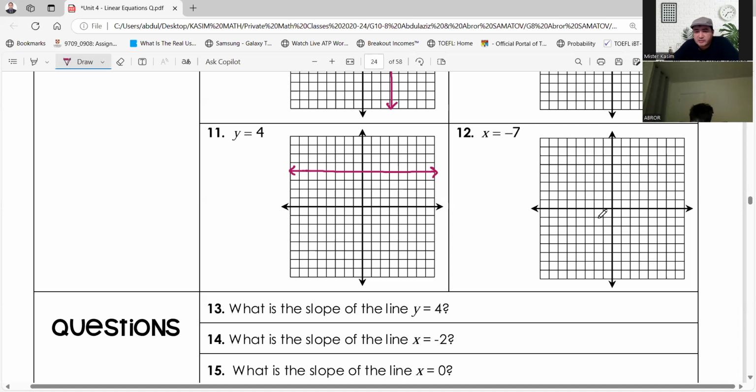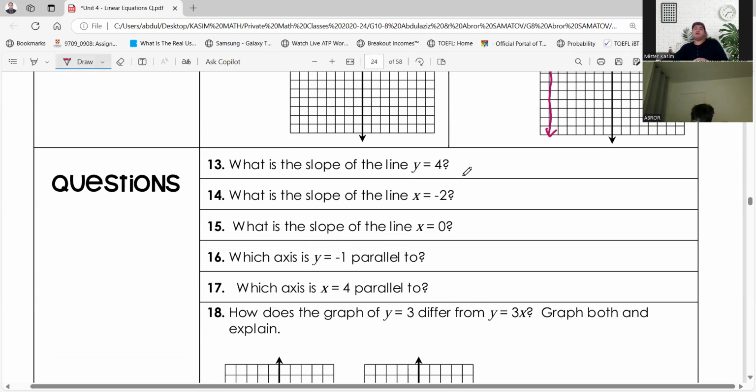Crossing the x-axis at -7, right? 1, 2, 3, 4, 5, 6, 7. It is here. So the vertical line will be this line. If I had a ruler, I would draw it very straight.